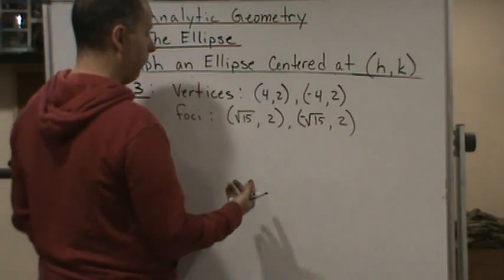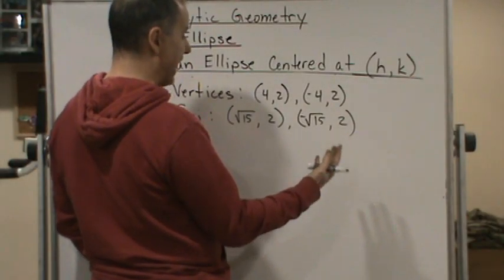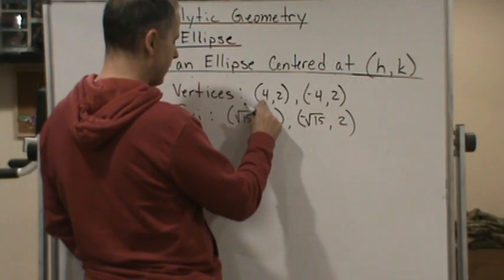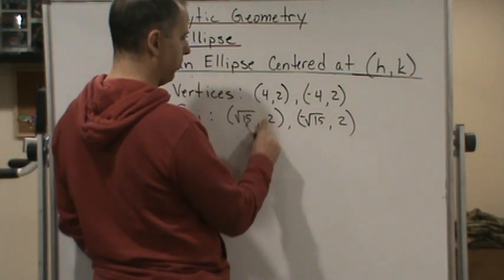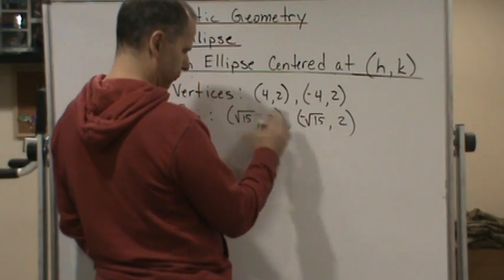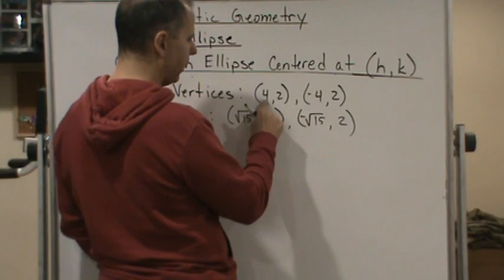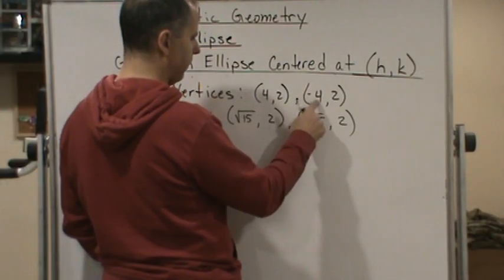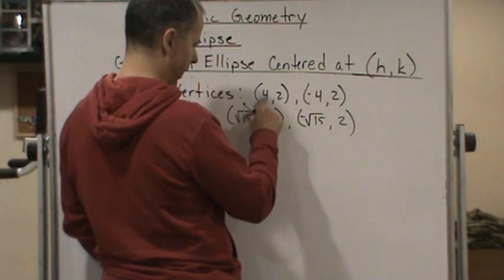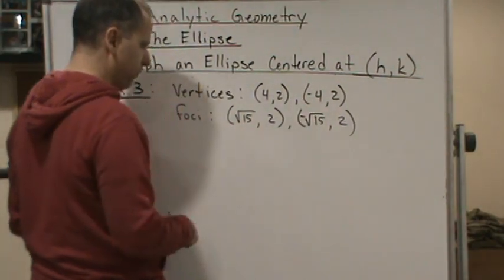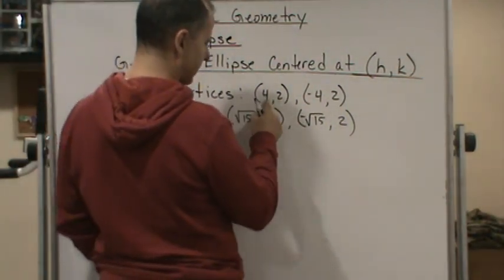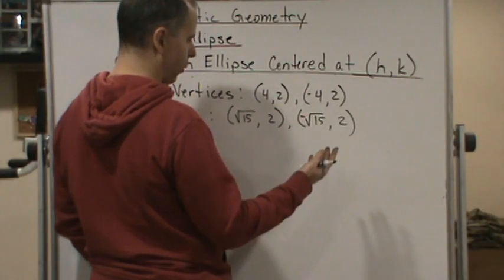It's going to be smack dab in the middle of the range between the vertices and the foci, so it doesn't matter which one we use. All we're going to do is find the midpoint, or the middle value, of this range, in other words the halfway distance. In this case, it's going to be at 0, at the origin.